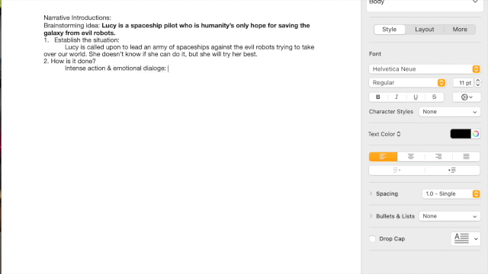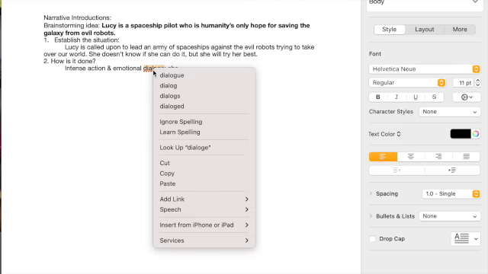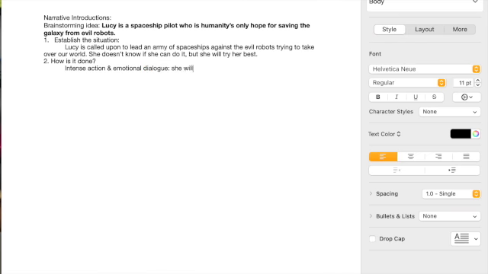Because a person going up into space to fight the evil robots trying to take over our world, there might be some emotional dialogue. She's going to talk to her family, say, hey guys, I don't know if I'll make it back to see you. I love you. The intense action would be the dogfighting of the spaceships, right? Oh, I misspelled dialogue. I wasn't even paying attention. There will be plenty of intense action.